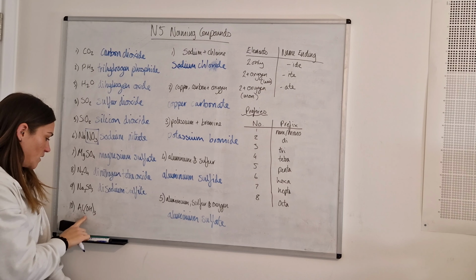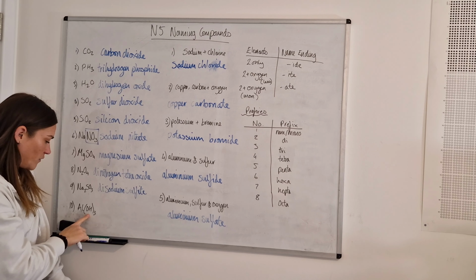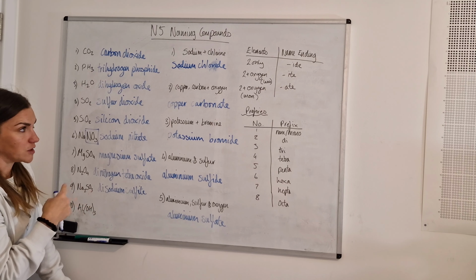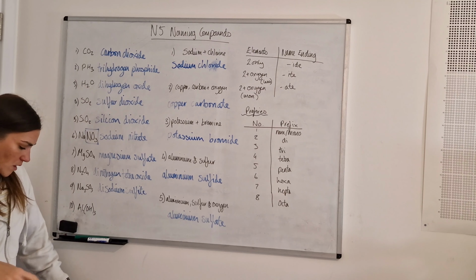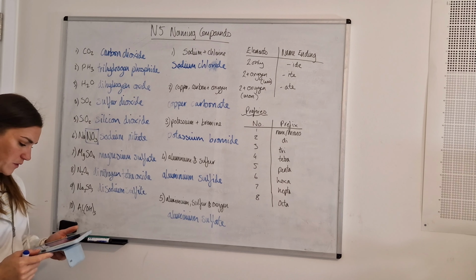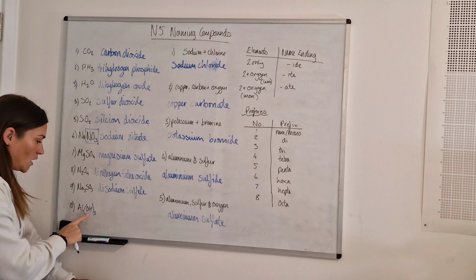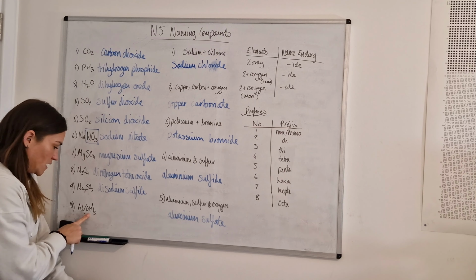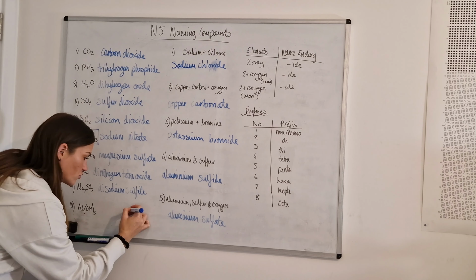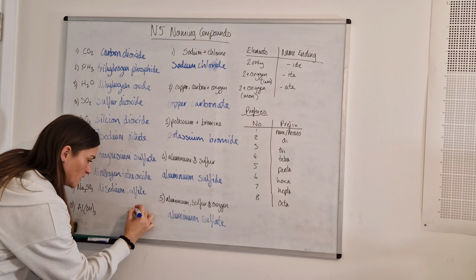And then our last example here, we've got aluminium, oxygen and hydrogen. So again, that's 2 elements plus oxygen, so we would need to look at page 8. If we look at page 8, we would find that the OH is hydroxide. There's 3 of them, so we could call it trihydroxide.